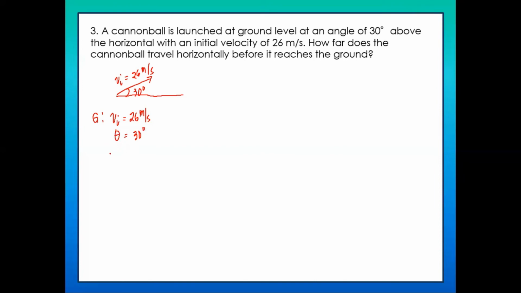Since we're looking for how far, that is distance. When the question asks how far it travels horizontally, that is d sub x, or your range, capital R. That's how we write or denote the range or your d sub x.